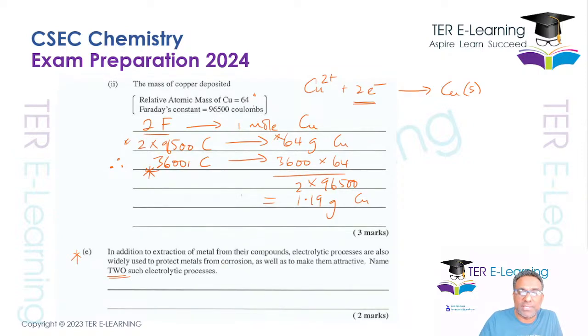So this is 36,000, and that's going to affect my answer here. So let's change this answer. It should be 11.9 then. Let's double check that. 11.9.